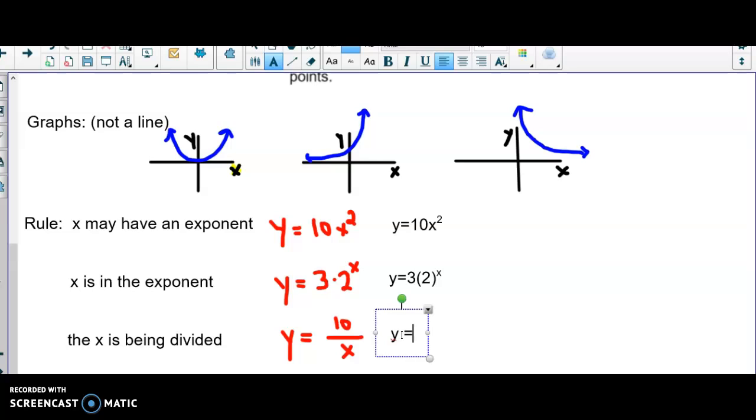You could say y equals, I usually do like this kind of line. We'll pretend that's a fraction line. And then at the top you have your 10, and in your bottom you have your x. So maybe it looks like this. Y equals 10 up top. That little fraction sign means division, 10 divided by x.